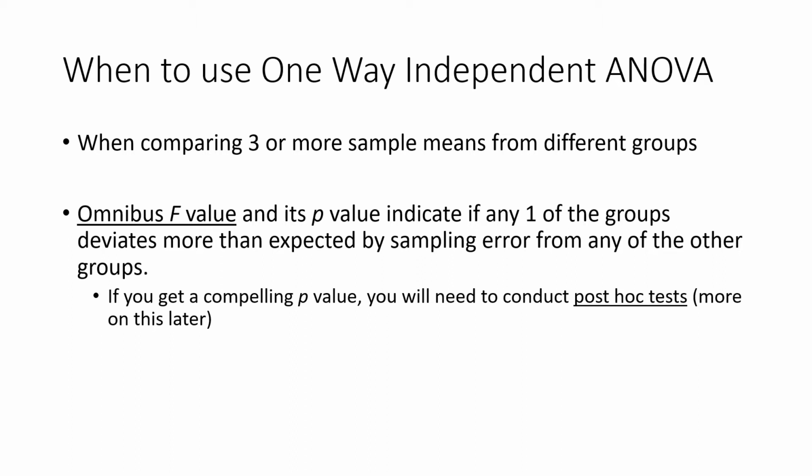Now, it could be more than one comparison that's different, but if you get a small p-value for the omnibus F, that means at least one is different. There may be more, and you're going to have to do post hoc tests to identify exactly which of the comparisons are deviating more than would be expected by sampling error. Of course, I'll talk about this more when we get there in this example.